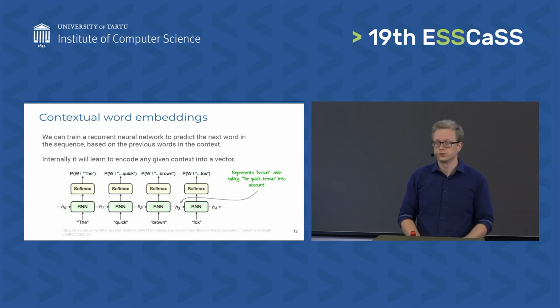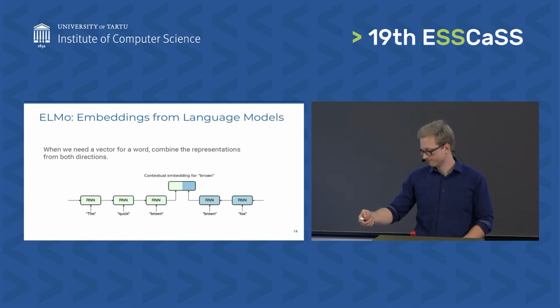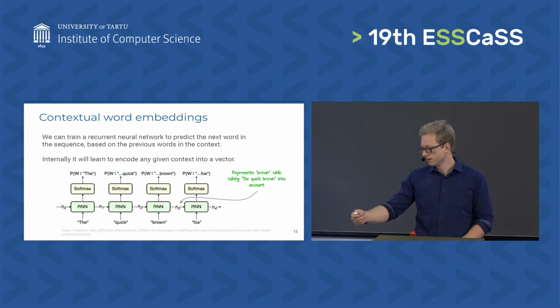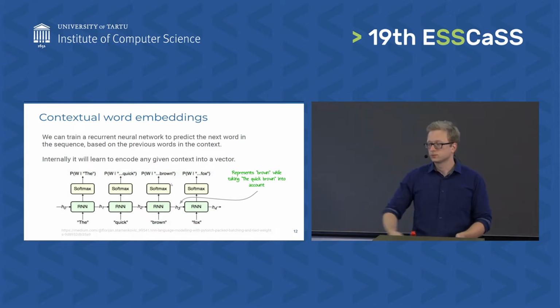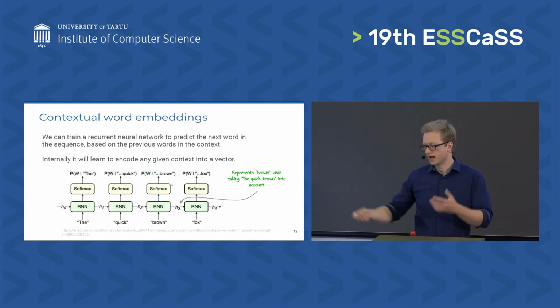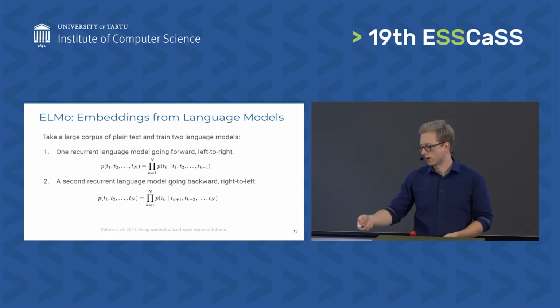And if we want to represent the word brown, including its context on the left, for example, then we can take this vector over here, and it has encoded all the information from the quick brown, and we can use it for some downstream application. If we want to encode the whole text, we just go through the whole text and take this final vector from here, and this now encodes the quick brown fox.